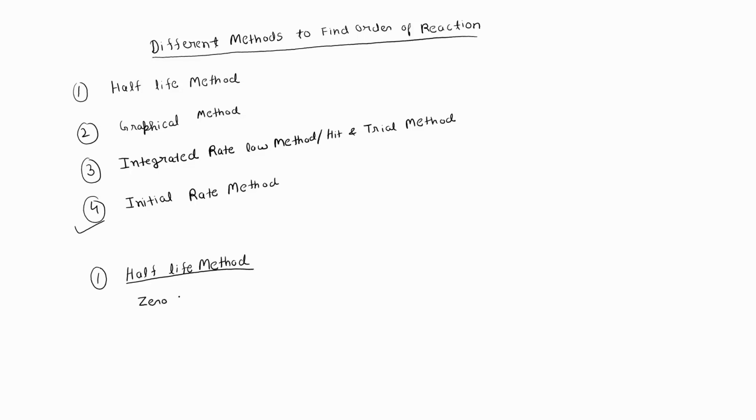For zero order, first order, and second order: for zero order, T half is equal to a naught by 2K. And for first order, T half is equal to 0.693 by K.